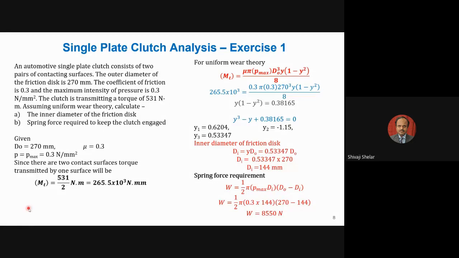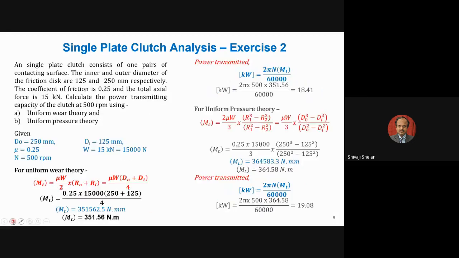Similarly, let's take another small problem, exercise 2. A single plate clutch consists of one pair of contact surfaces. Here, only one side of that plate is contacting the driving shaft, so only one surface is in contact. The inner and outer diameters of the friction disc are 125 and 250 mm respectively.